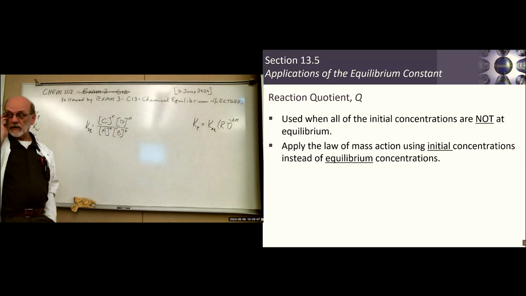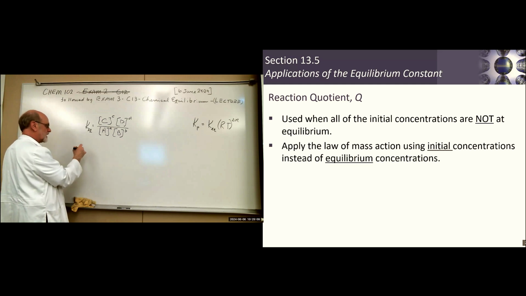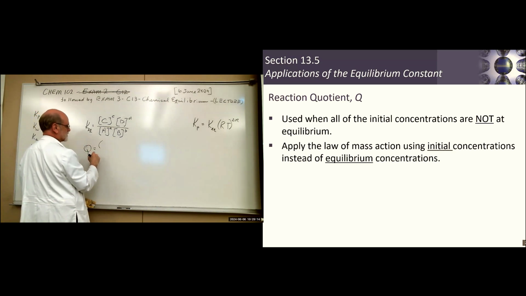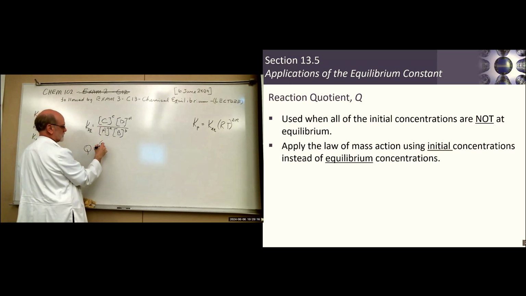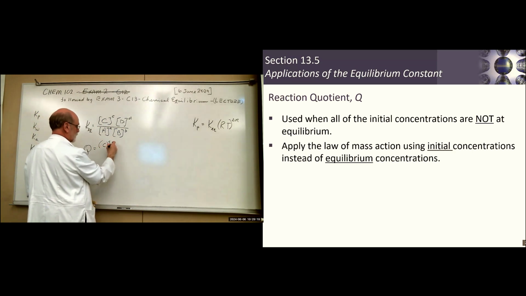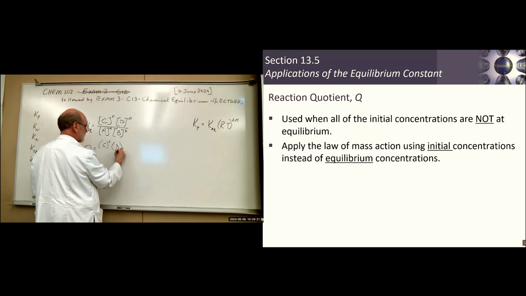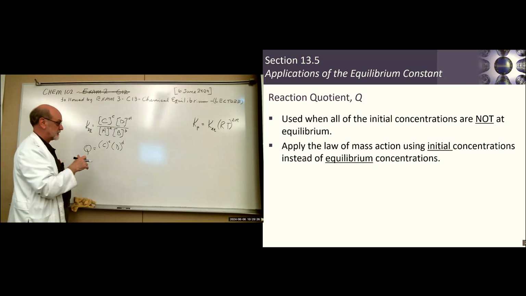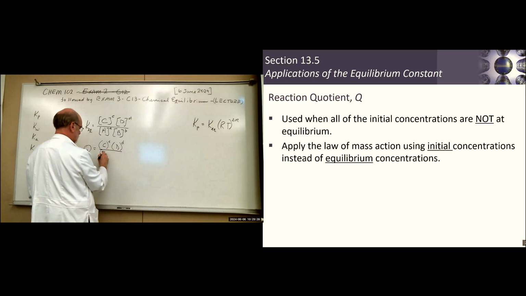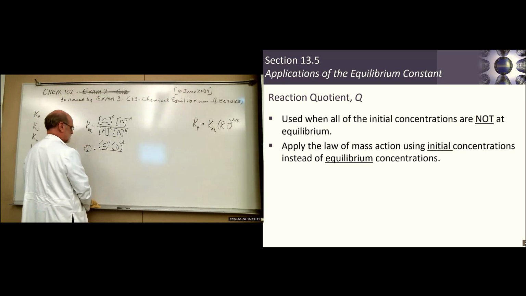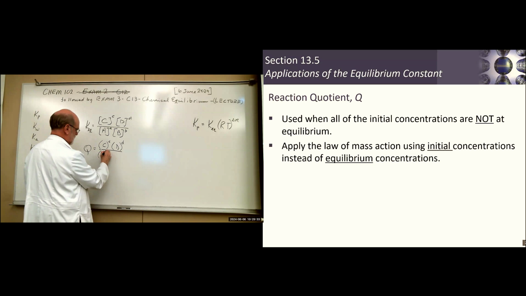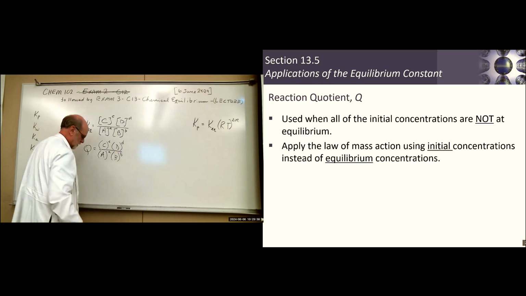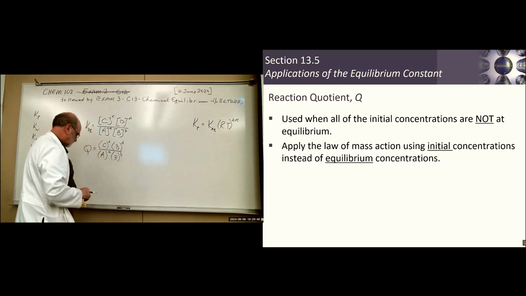But if they're not equilibrium concentrations, then we can calculate a value called Q. In that case, I use parentheses to distinguish from equilibrium concentrations. We use the same calculation, but now we're using non-equilibrium concentrations. That gives us a Q value, with A and B.